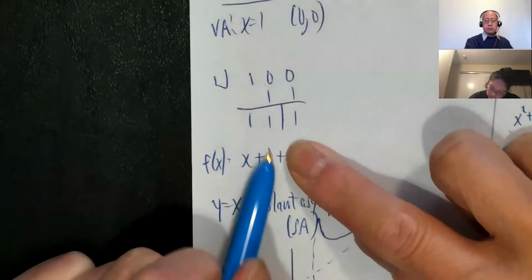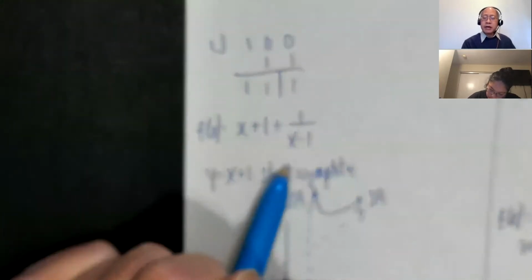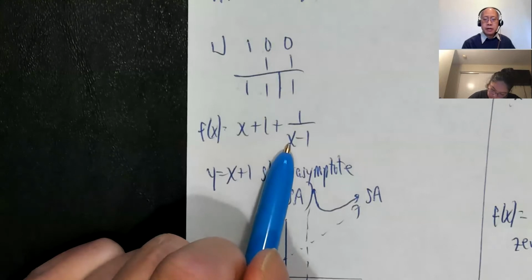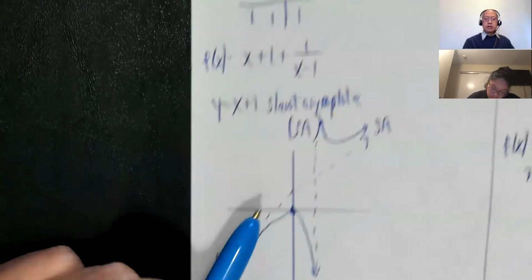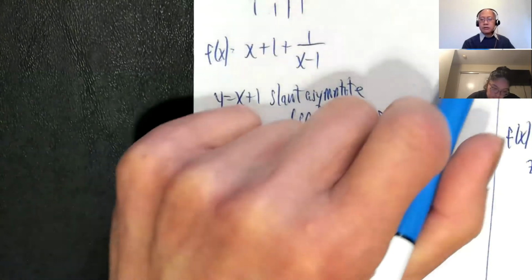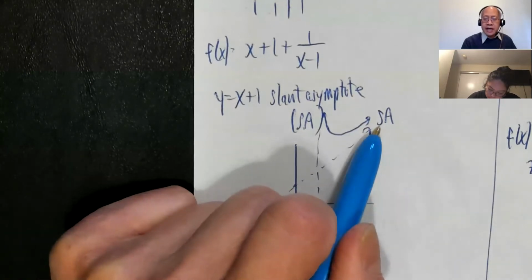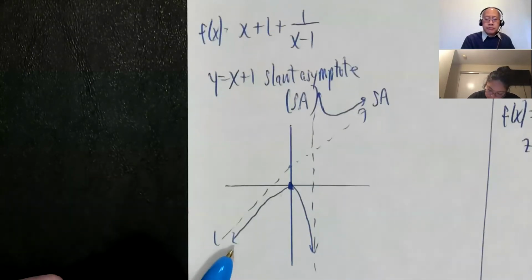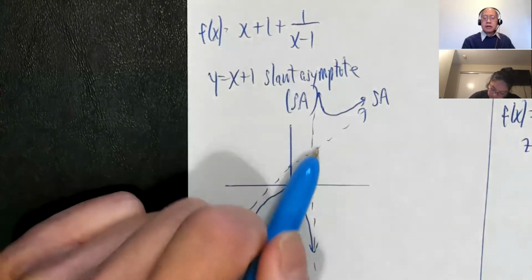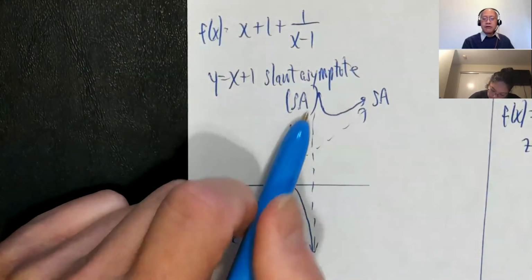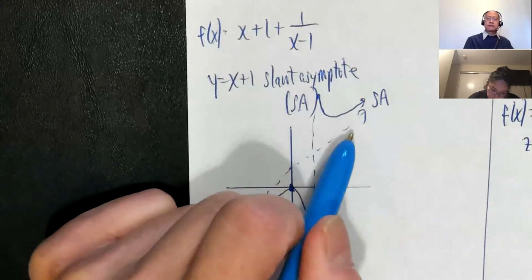This will be the asymptote, y equals x plus 1. Because if I plug in end behavior, x is super big, this is 0. This is a super big negative, still approaches 0. So when I go way out to the right or way out to the left, the graph gets really, really close to the slant asymptote. Okay, so I have a HA, horizontal asymptote, sometimes, not this problem, a VA, vertical asymptote, and now a SA, I guess, slant asymptote.